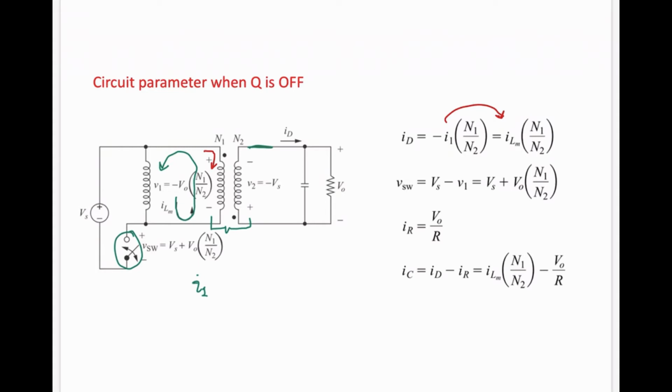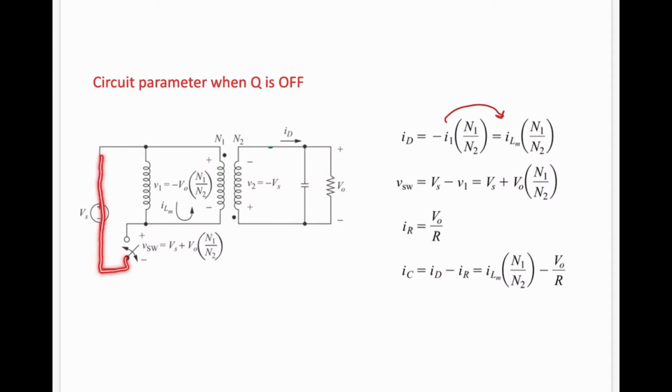And what will be the voltage across this switch Q1? That will be equal to Vs minus V1. How? Let's first of all remove this one. Okay, now consider this loop. We want to look at the voltage across this switch.